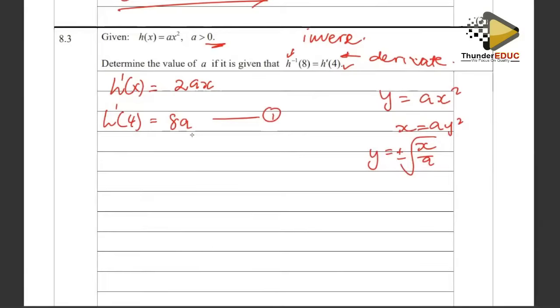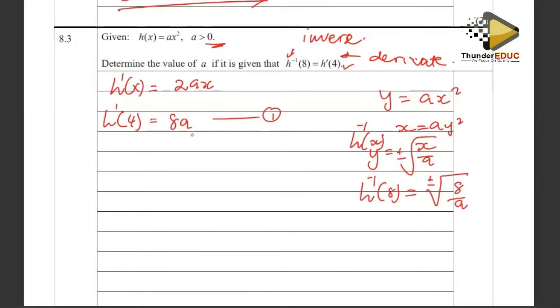We shall see. Okay, so if now I replace, because now this is my inverse, h negative 1 of x, meaning that if I look at the negative 1 of 8, it's going to be like the square root of 8 over a, plus minus. Then I need to equate the two.